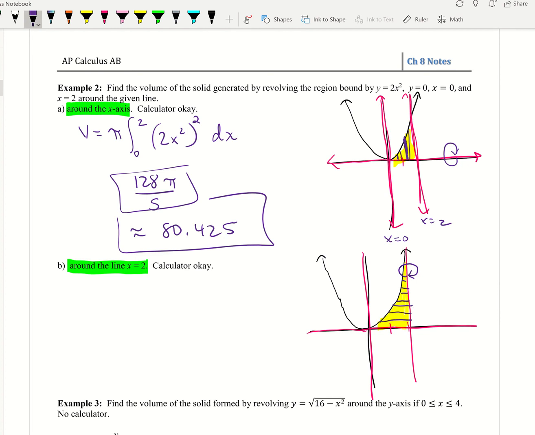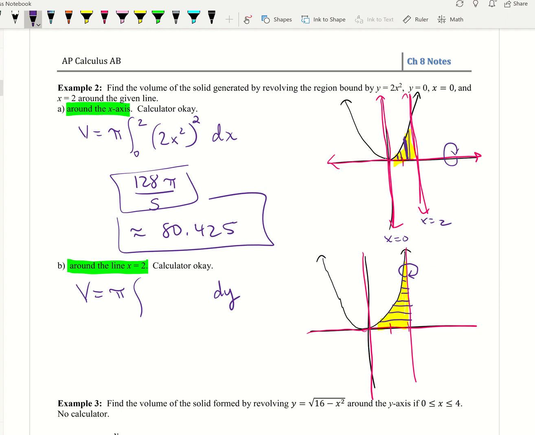So because my radii are horizontal, I cannot do this dx. I have to do this dy. So this will kind of bring you back a little bit to what you did in 8.6, where if we are taking horizontal slices, we needed everything to be done with respect to y instead of with respect to x.